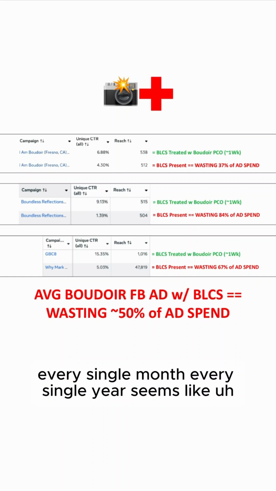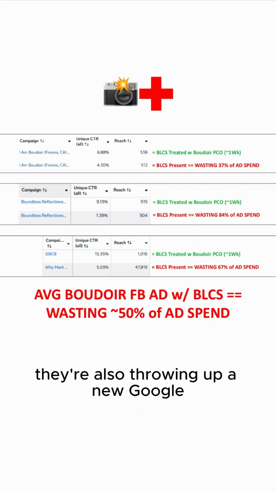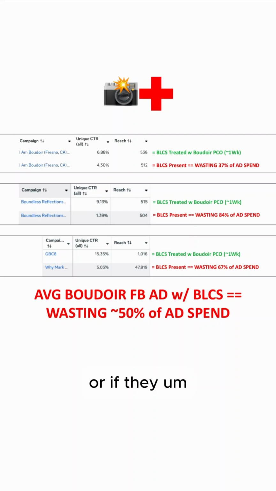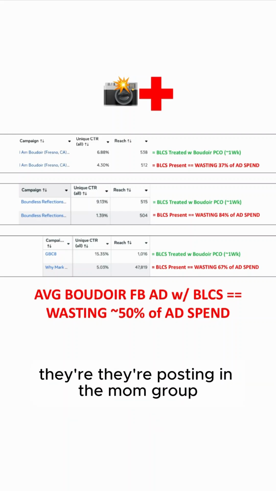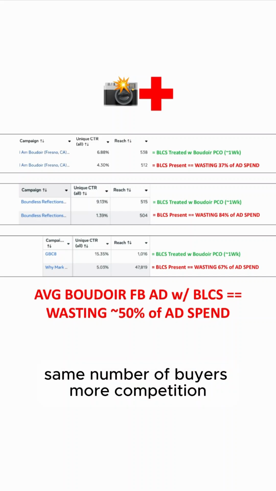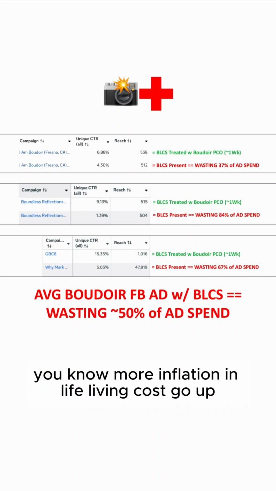Seems like whenever anyone gets a new iPhone, they're also throwing up a new Google My Business profile saying they now offer boudoir, or if they get a new camera, they're posting in the mom group saying they now offer boudoir. So there's more service providers, same number of buyers, more competition. And you're also seeing more inflation in life, living costs go up.